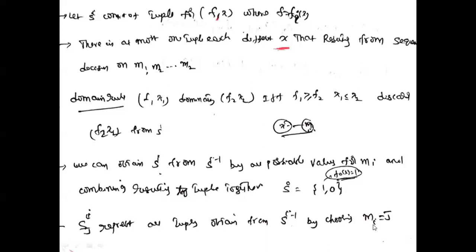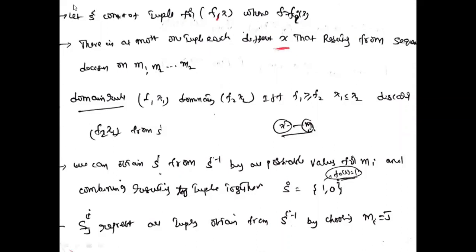The sets are represented as follows: first the set contains (f, x), where f represents the reliability and x represents the cost, that is the cost based on the number of devices used in the system.